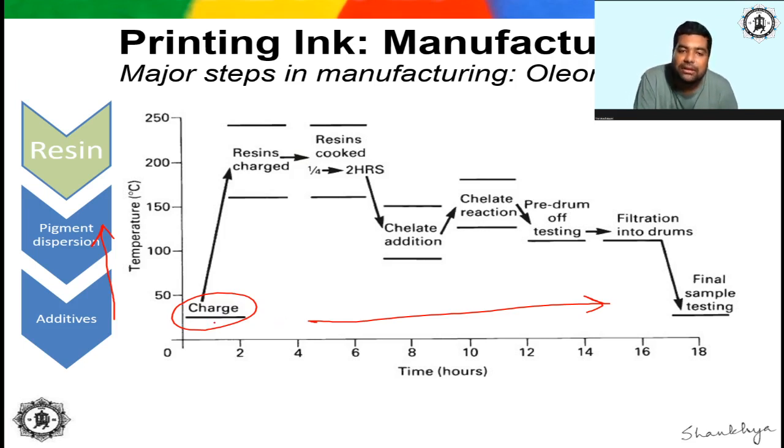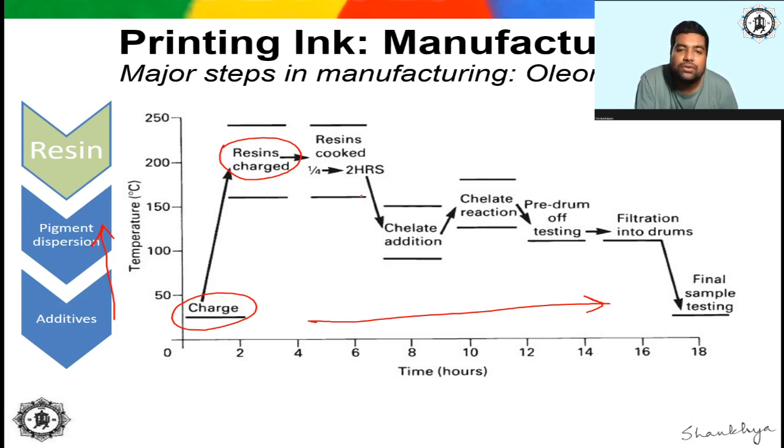We are adding that to the chamber, or to the tank, then the resin is added. Charging means adding. Then the resin is cooked because we are adding hard resins within oil. It will change these hard resins. They will start to become a thick, almost paste-like structure. That is why this process is known as cooking.